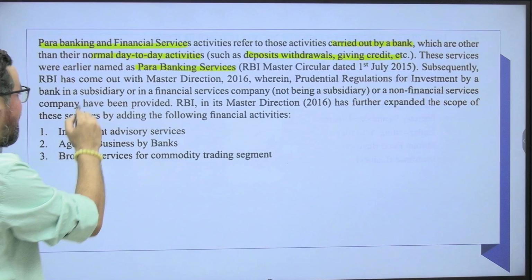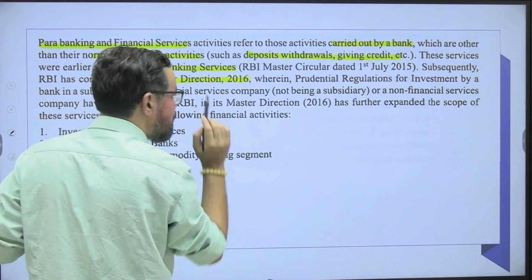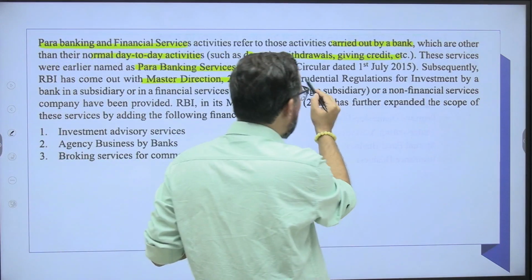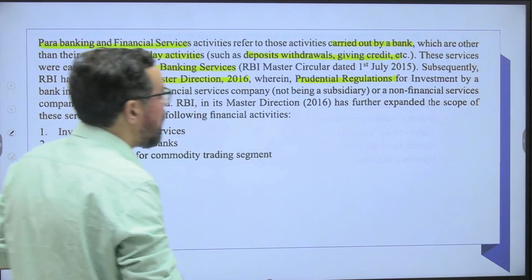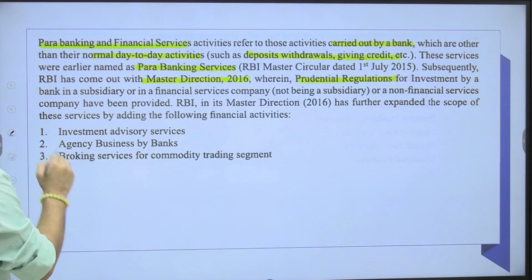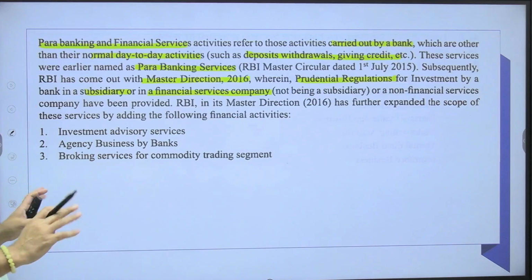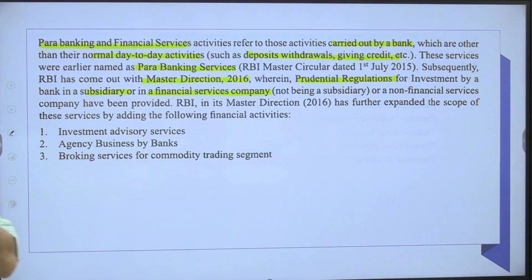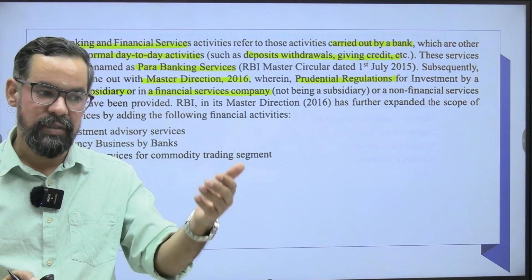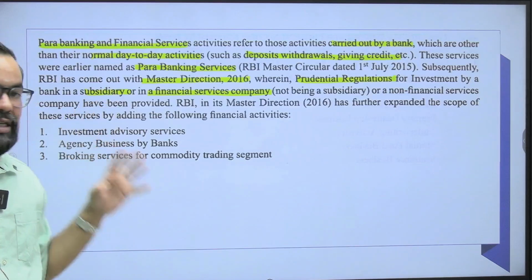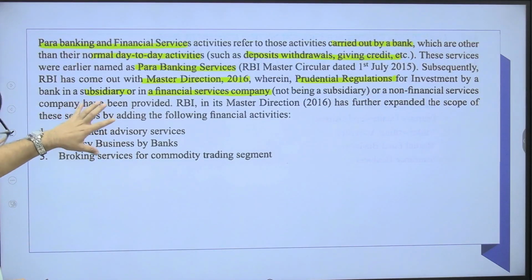Subsequently, RBI has come up with Master Direction 2016, wherein prudential regulations for investment by a bank in subsidiary or in financial services company. So now in most of the cases they are part of the bank subsidiaries, or it can be some agency business and others which generally come under this.